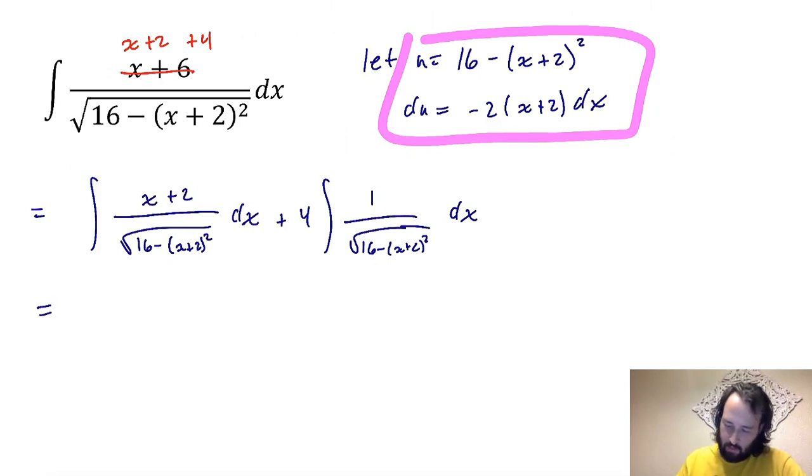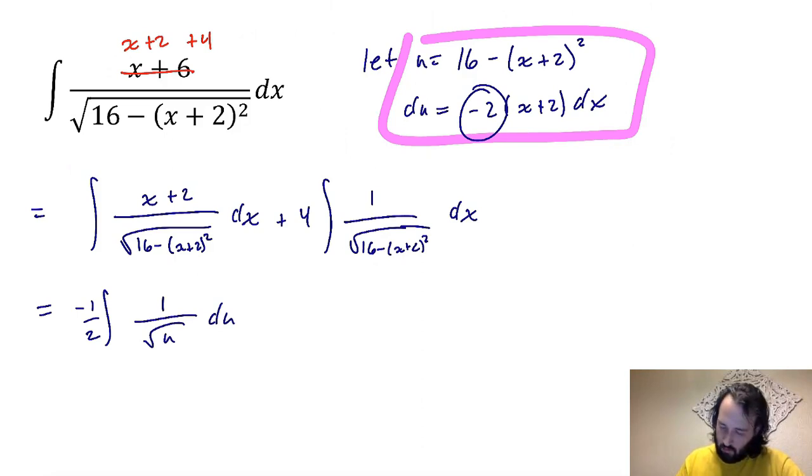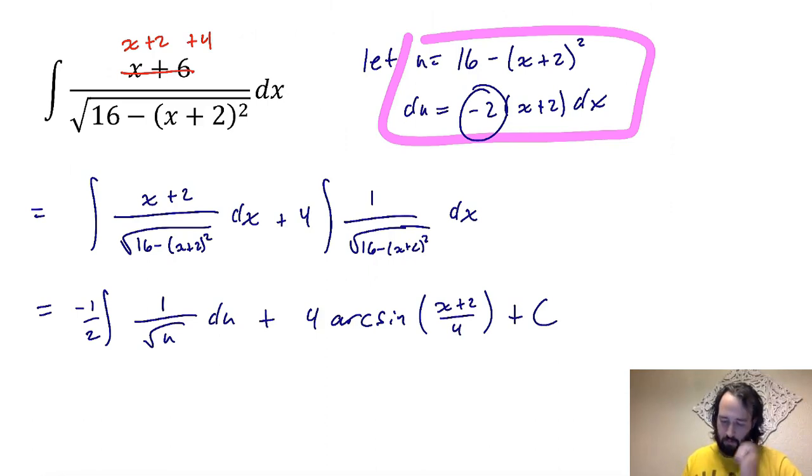So this becomes the integral, but it would be negative 1/2 because that negative 2 is not there. All right, so I need to divide it over with the du of 1 over root u du, which becomes much easier, right? And then plus my 4 arc sine of x plus 2 over 4 plus c.